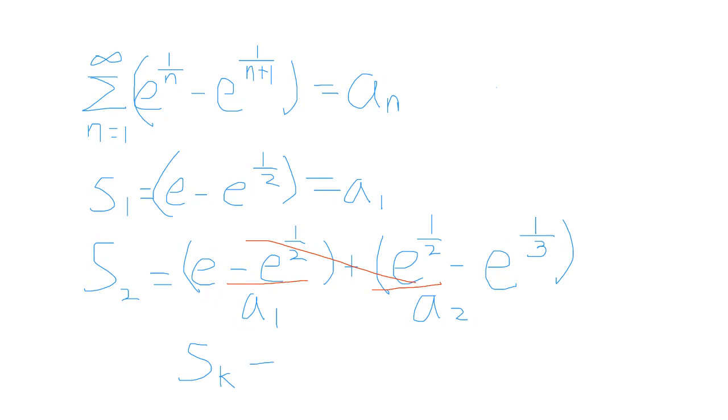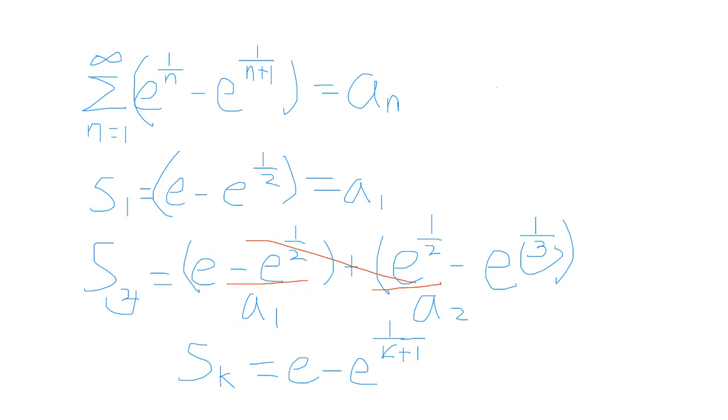Sk looks like A1, the first term that survived, e, minus e raised by 1 over k plus 1. You should write more terms, because I don't have space. That's why I'm skipping terms.